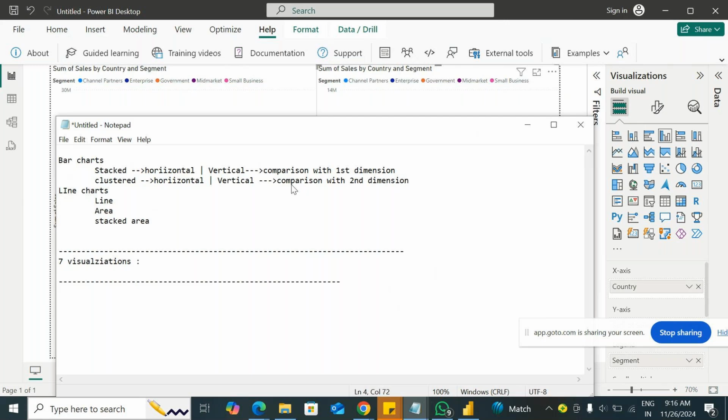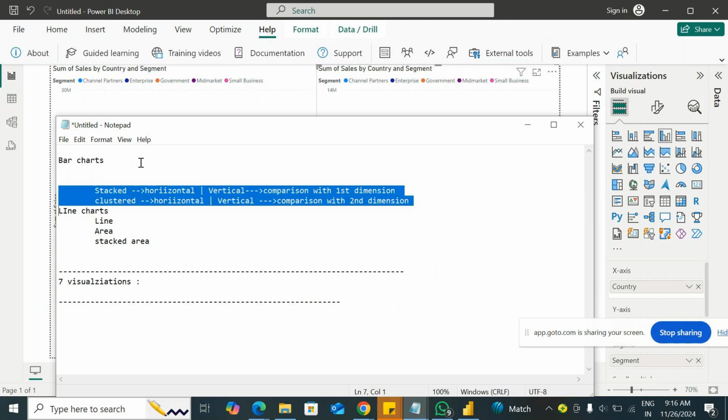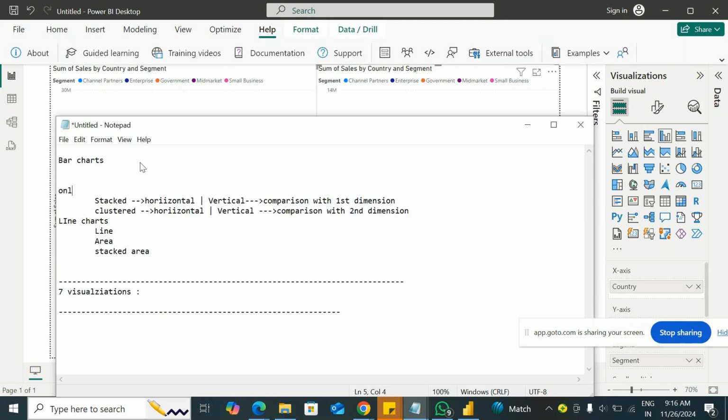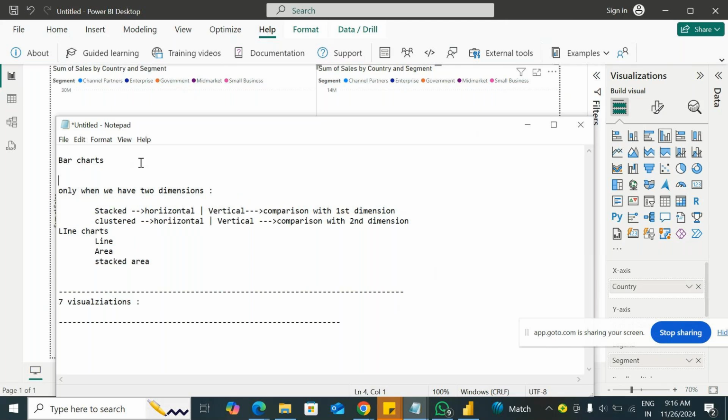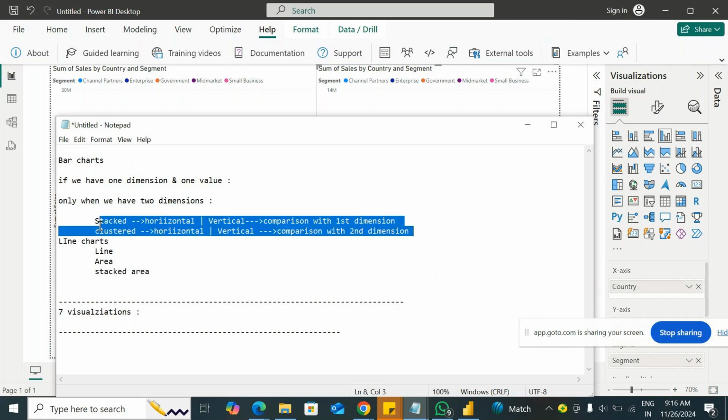So as I mentioned clearly, these two visuals are different only when we have two dimensions. If we have one dimension and one value, these all are same.